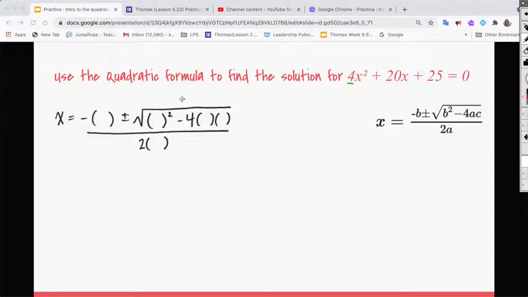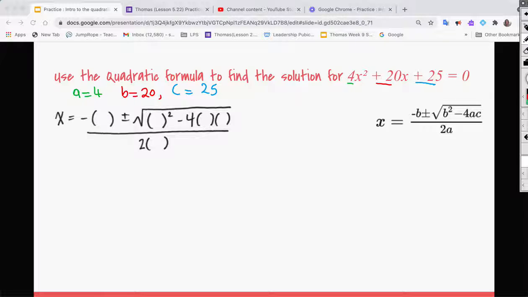which in this case we know a is equal to 4, our b term in this case is a positive 20, and our c term, c is equal to a positive 25.